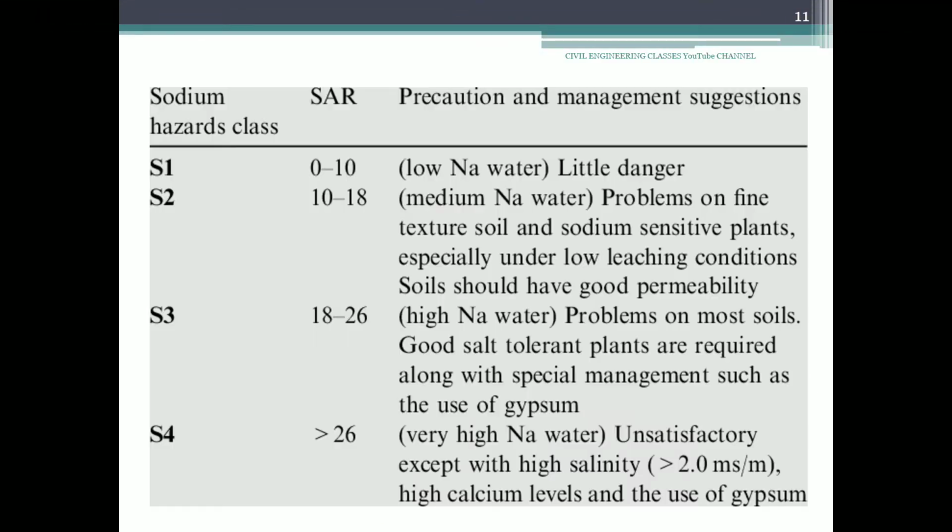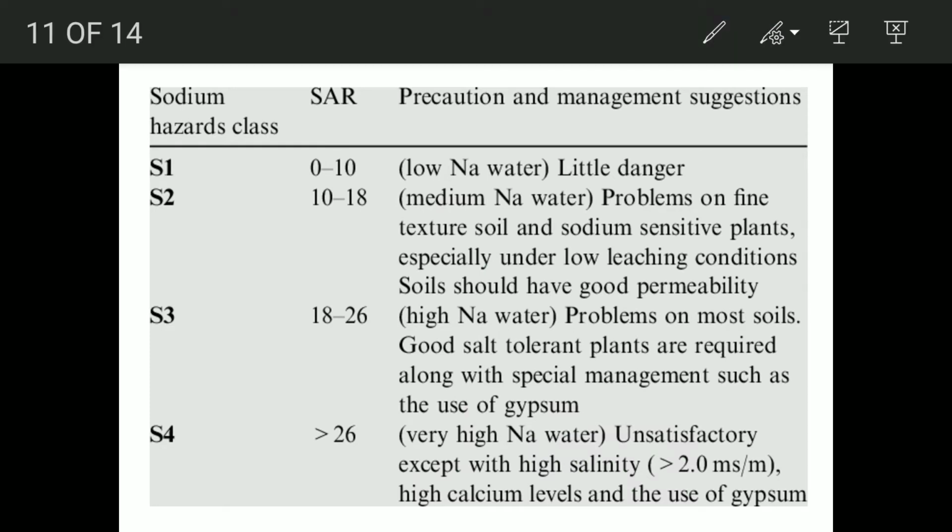Coming to the next point. On the basis of the SAR value, we can classify the water as S1, S2, S3, S4, etc. S1 means the SAR value is 0 to 10. That means low sodium in the particular water, so that it can be used for irrigation purposes.